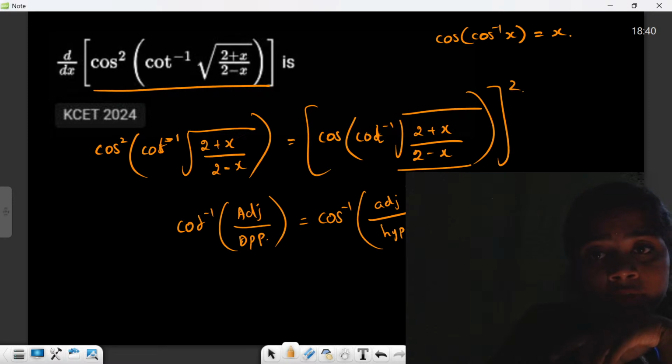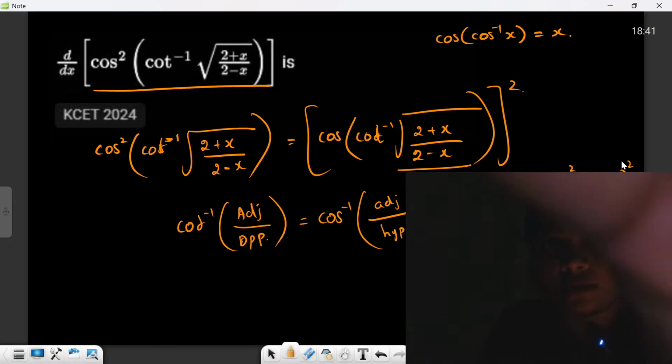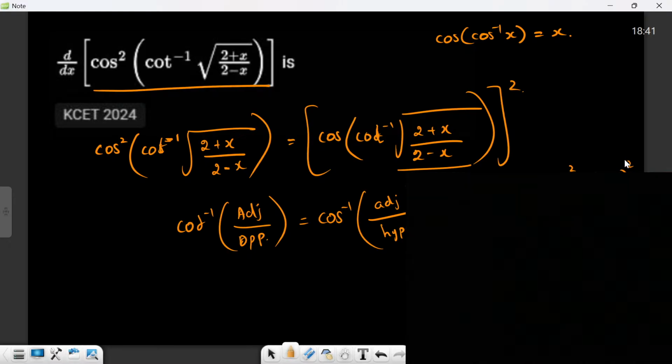How to find the hypotenuse? It is equal to the square root of the square of opposite plus the square of adjacent. Opposite is root of 2 minus x, and adjacent is root of 2 plus x.